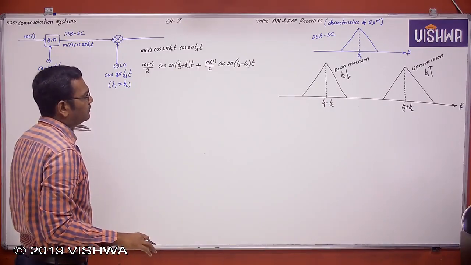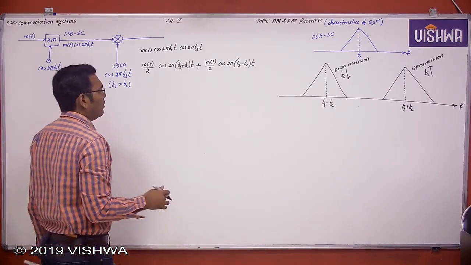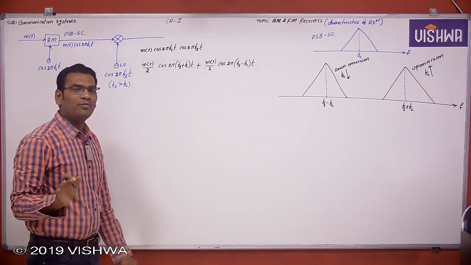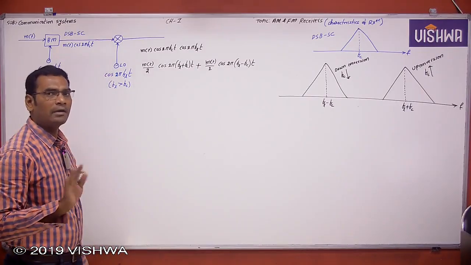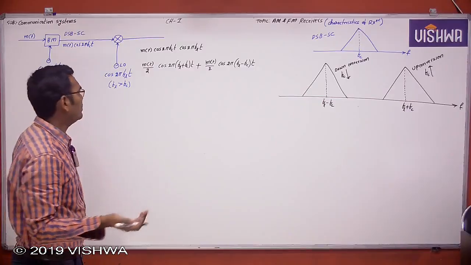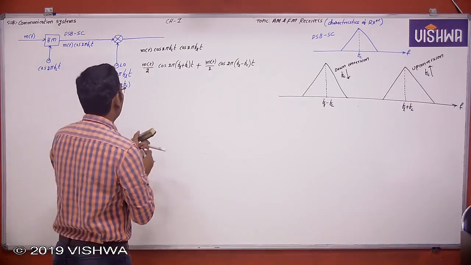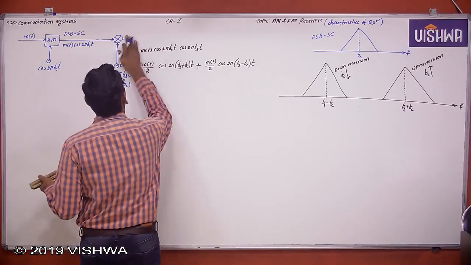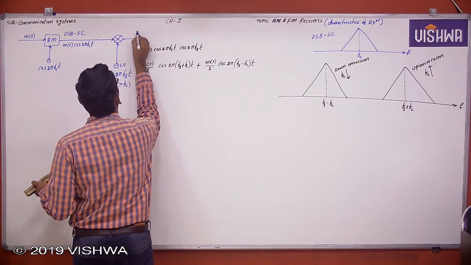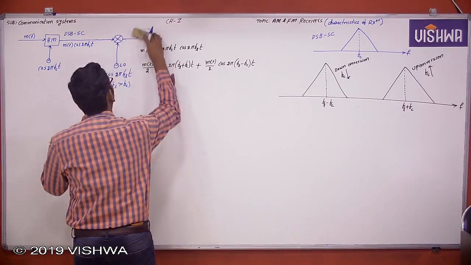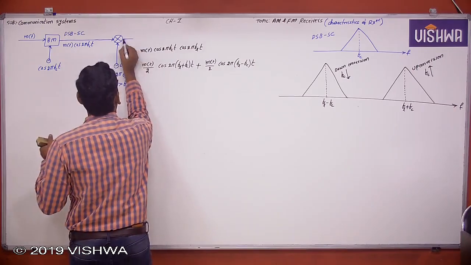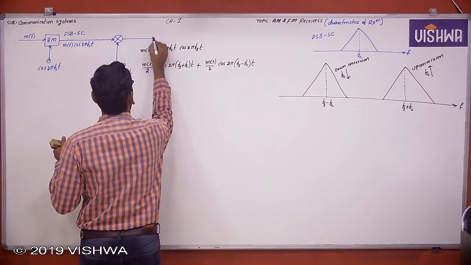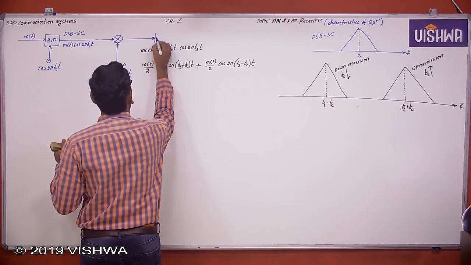Now see here. Suppose I want only down conversion, I don't want up conversion. Then not a problem. What should you do? You pass it through a band pass filter with proper pass band characteristics.